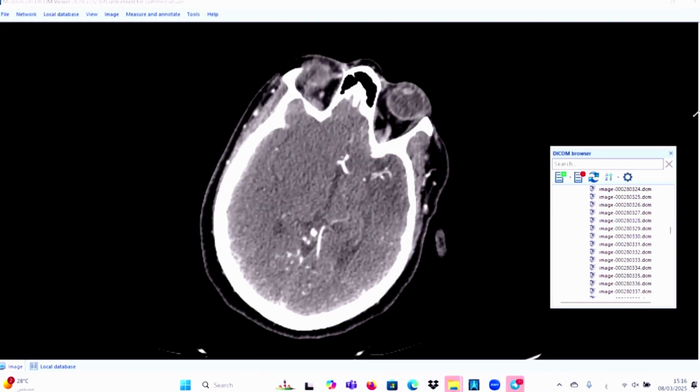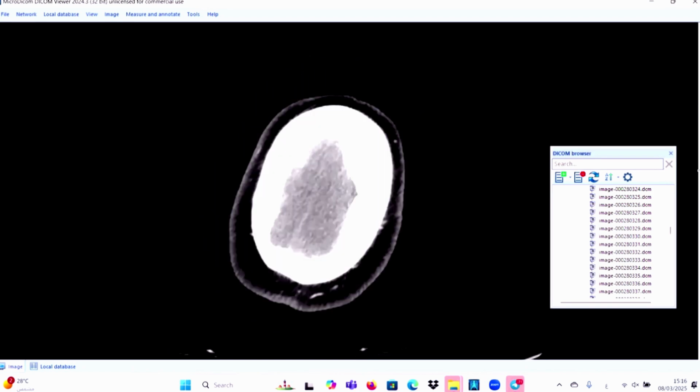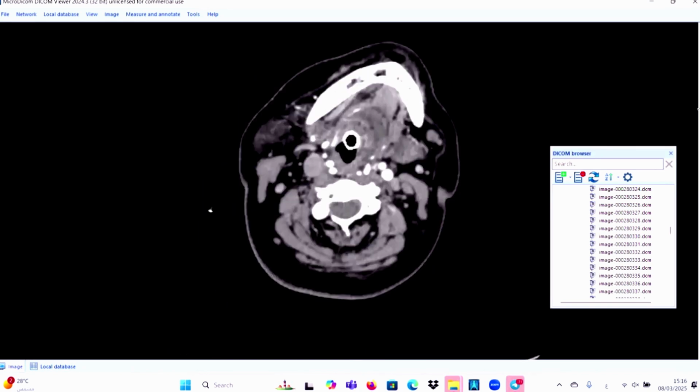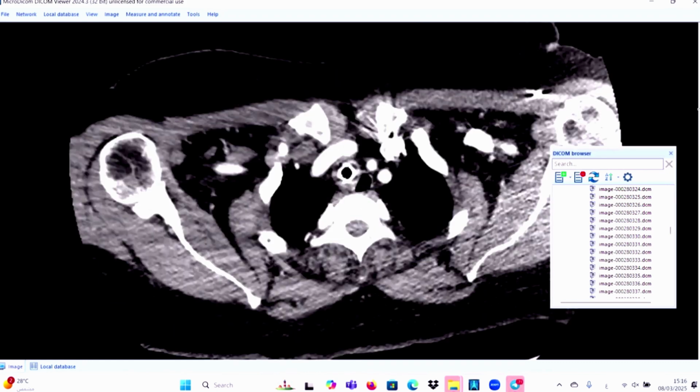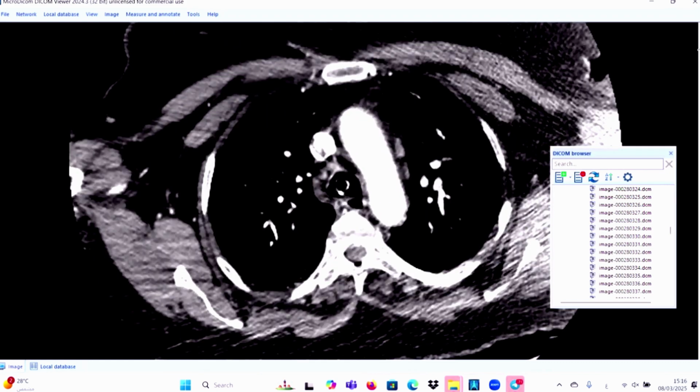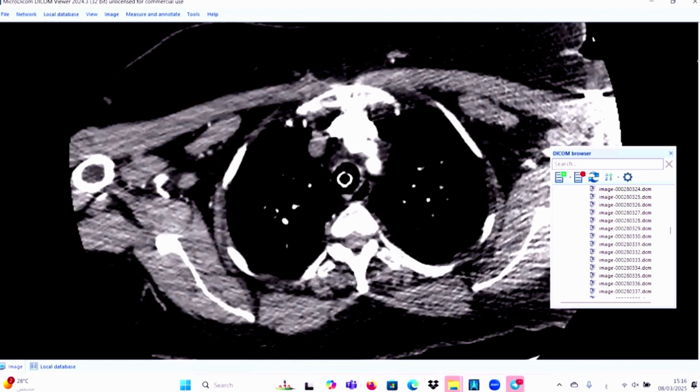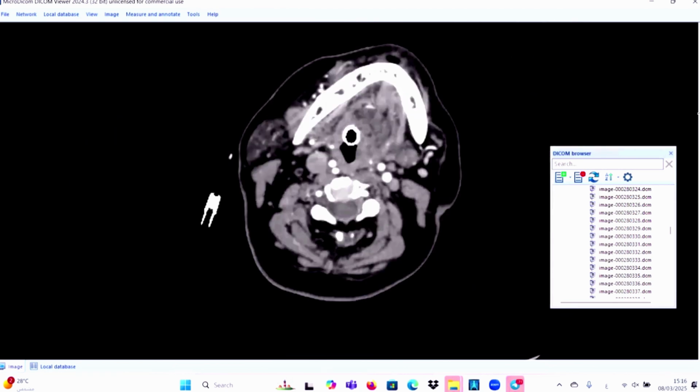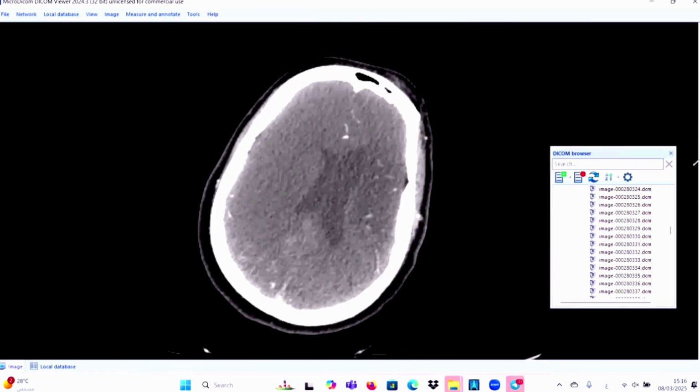We did CT angiography for the same patient, and we have two teaching points before reviewing the findings. First, for CT angiography of the cerebral arteries, in our routine practice we should include the neck, so we start from the aortic arch, covering the neck and the whole brain.